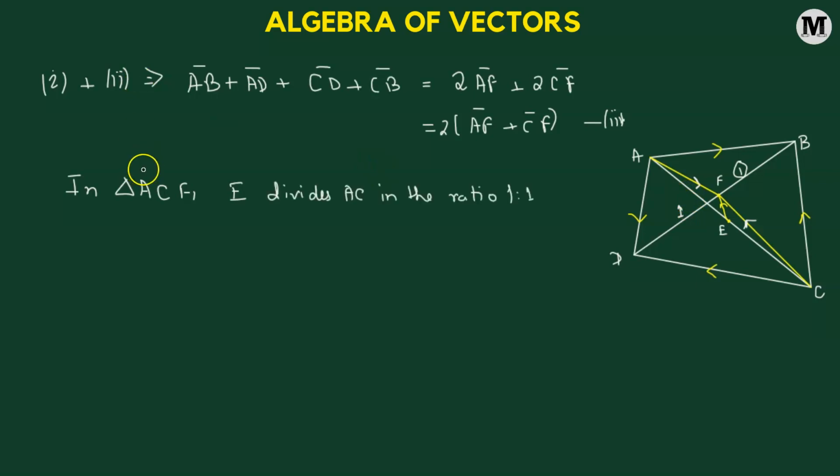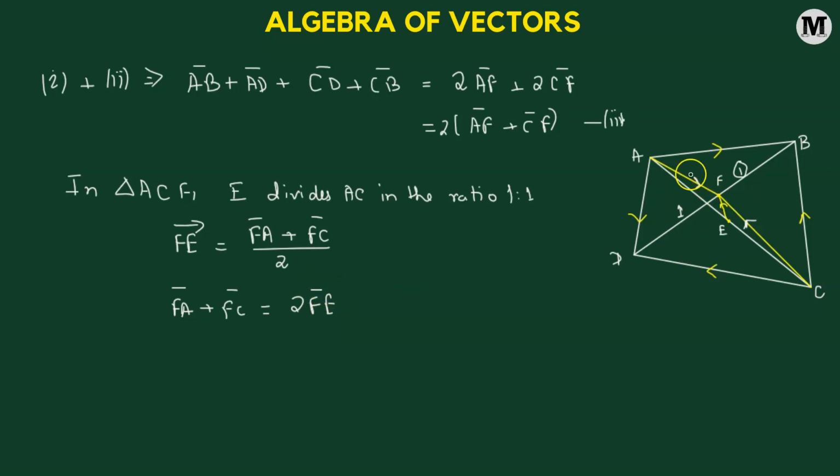So here we can apply the internal section formula, but we'll have to be careful with the direction of the vector. So here we'll be considering the vector FE. FE vector according to the internal section formula must equal FA vector added to FC vector whole divided by 2, which means FA vector plus FC vector equals 2 times FE vector.